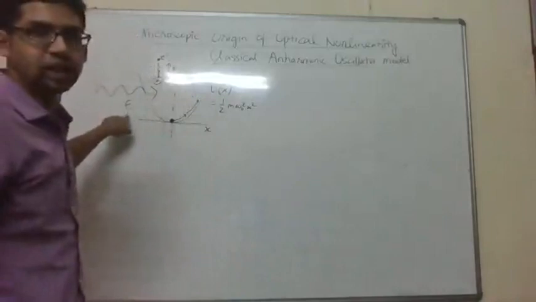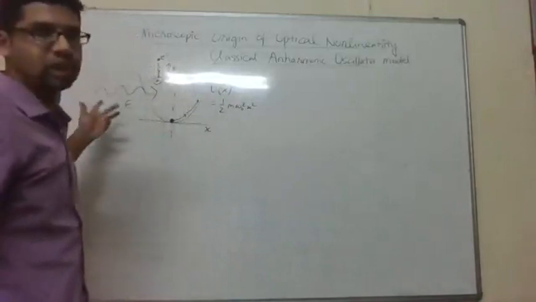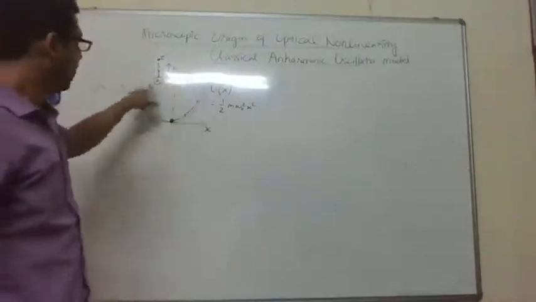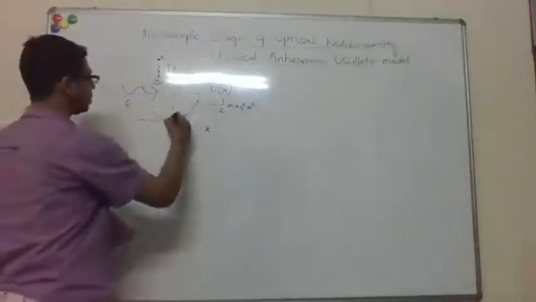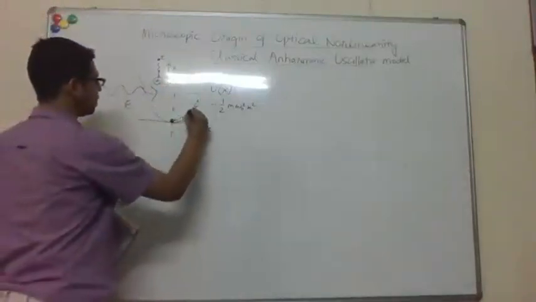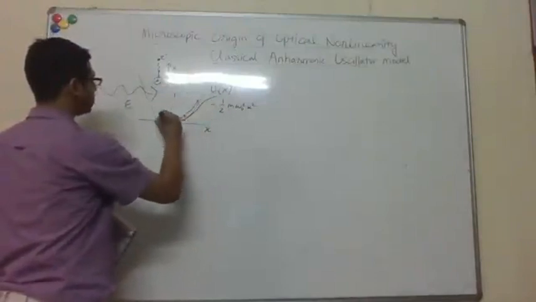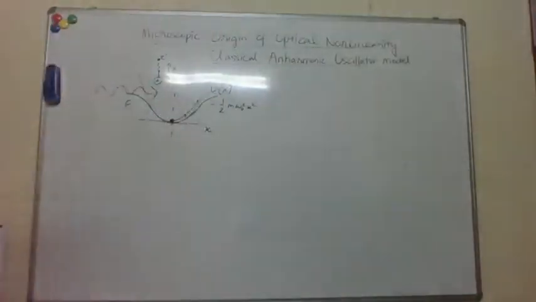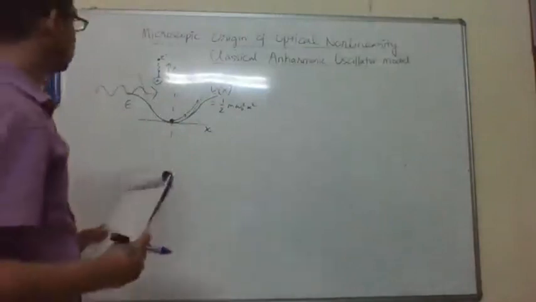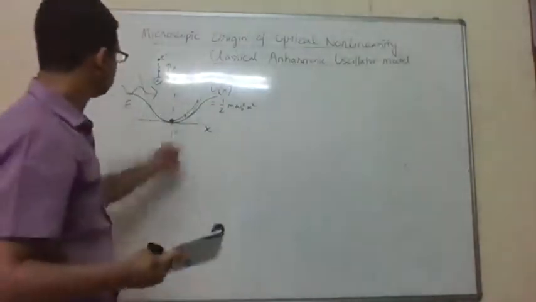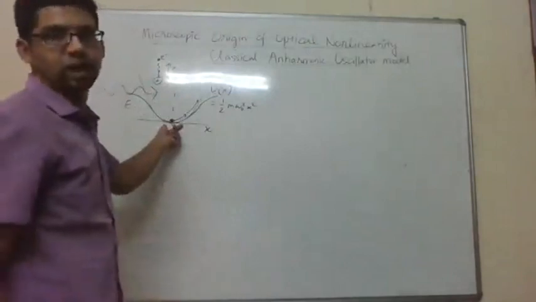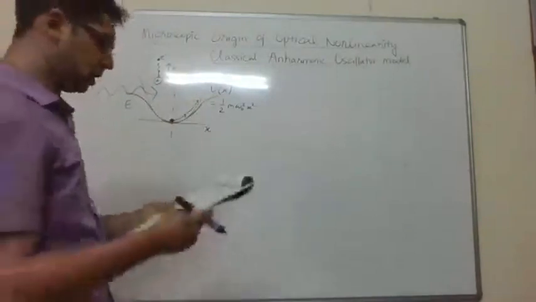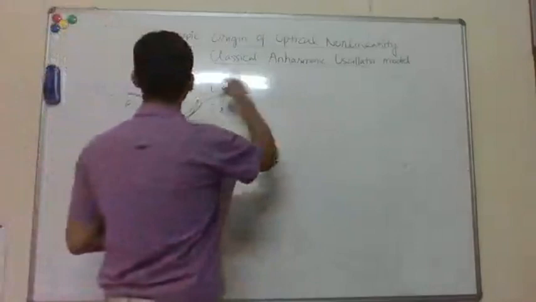If the incident electric field is large because the optical field has very high intensity, then the displacement becomes large, and as you increase the displacement, this potential doesn't look parabolic anymore, it starts deviating from a parabola. So for small displacements, the atomic potential is well approximated by a parabola, but for large displacements, it starts deviating.